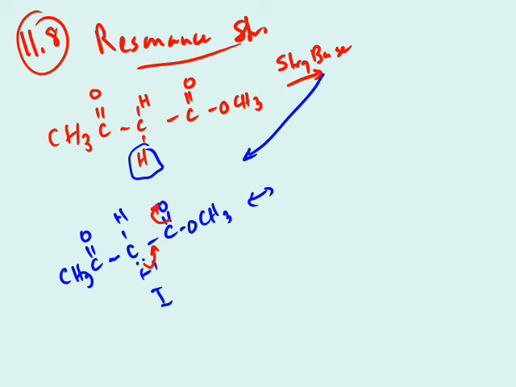So this would give rise to this structure, CH3, C double bond O, and then you'd have CH double bond C, O minus, OCH3. Look here, originally the charge was on carbon, now it moved to oxygen, and that's pretty favored because oxygen is more electronegative, so it would love to have that negative charge on it. So this is going to be our structure number 2.